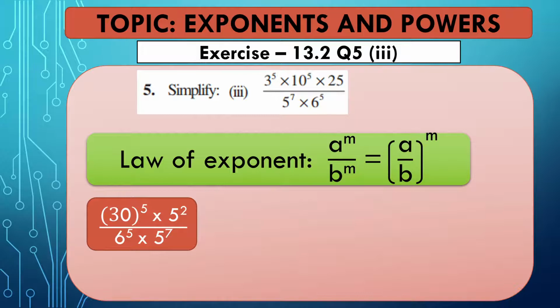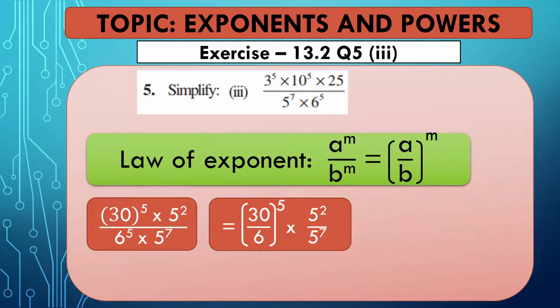So the expression which is 30 to the power of 5 into 5 to the power of 2 by 6 to the power of 5 into 5 to the power of 7 becomes like this. Using this law, 30 by 6 whole to the power of 5 into 5 to the power of 2 by 5 to the power of 7.